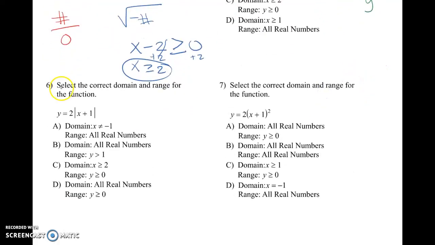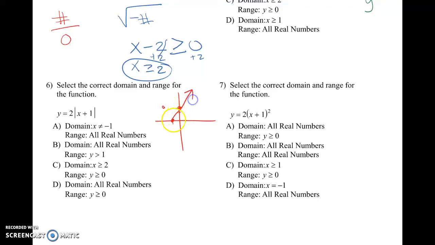For 6, select the correct domain and range for this function. Now this function is actually an absolute value function. If I wanted to draw it accurately, I would have to find my vertex. So my vertex is -1, 0, and up to over 1, up to over 1.